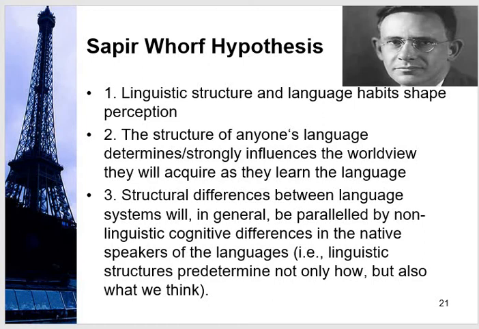The main point of the Sapir Whorf hypothesis is that language shapes our thought. Language shapes our worldview. If there are abusive terms in a language, our behavior will be molded in this manner.